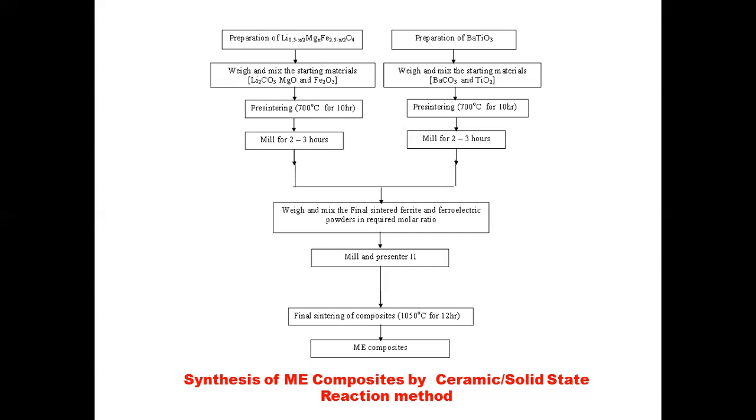The advantage of mixing these starting compounds in an organic compound like acetone is that you will get uniform mixing of all these compounds, and the acetone gets evaporated easily in a short time.